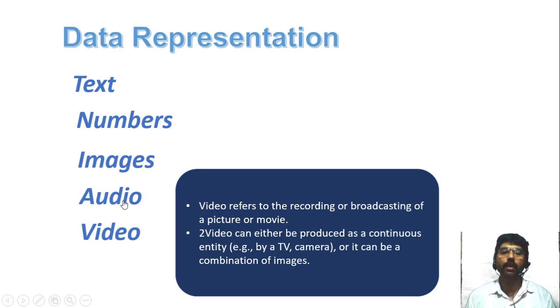Video can either be produced as a continuous entity, just like we see in a TV or camera, with continuous movement of images, or it can be a combination of images, where a continuous change of images is converted into video, just like the cartoons on TV.